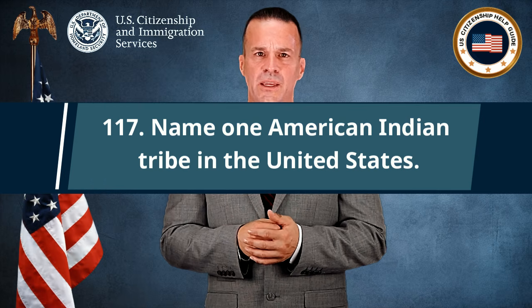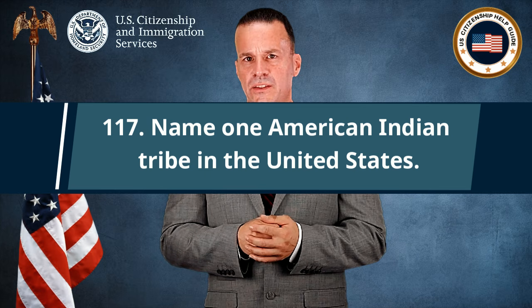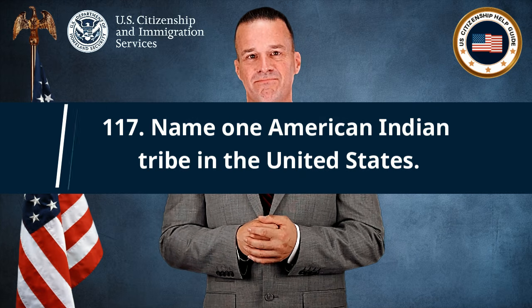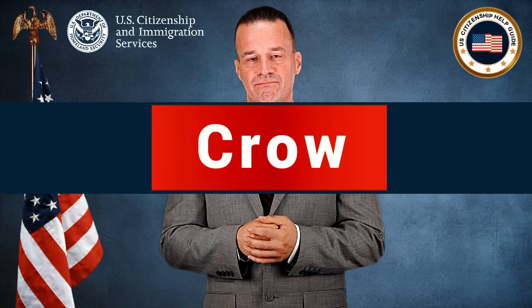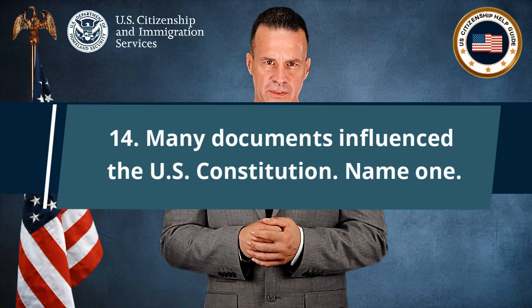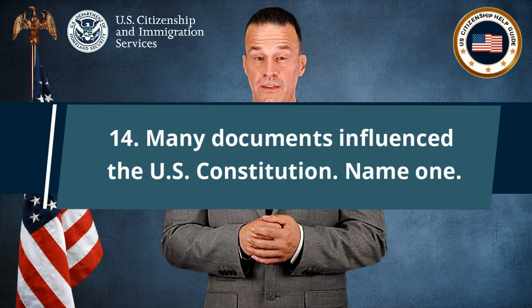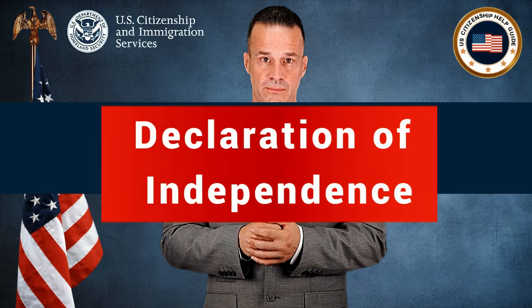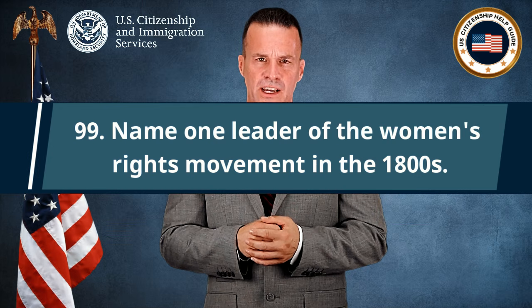117. Name one American Indian tribe in the United States. Crow. 14. Many documents influenced the U.S. Constitution. Name one. Declaration of Independence. 99.